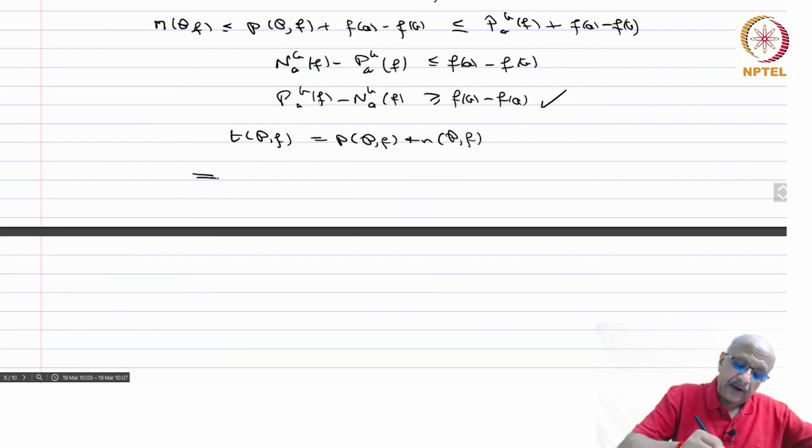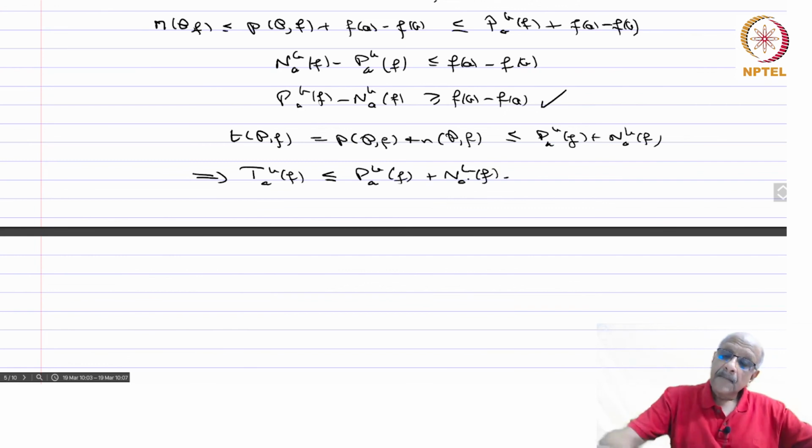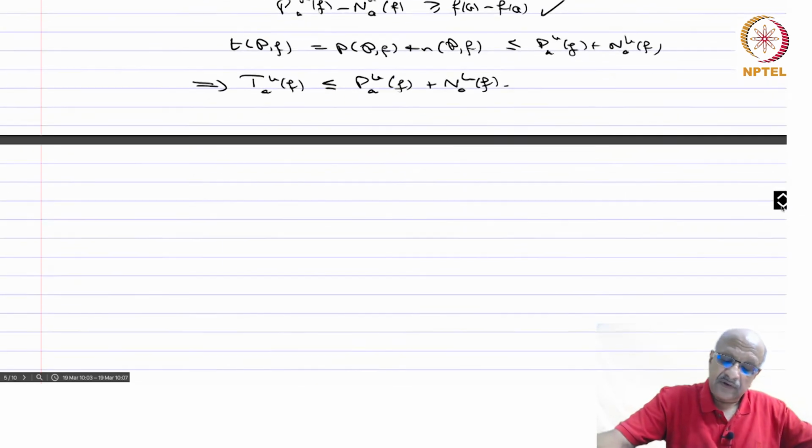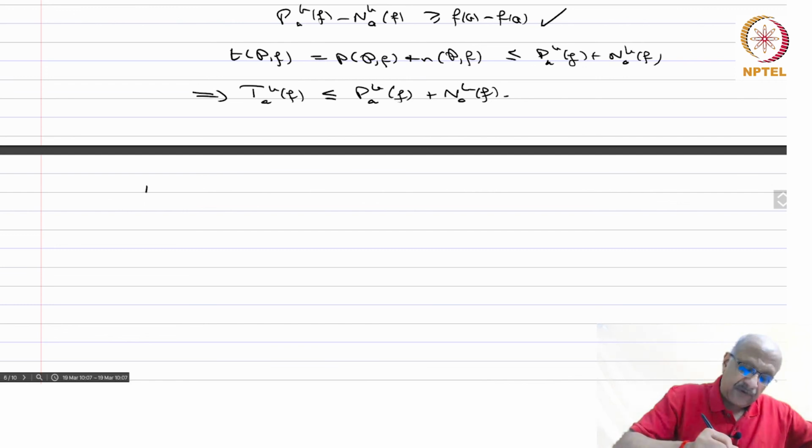And therefore you get immediately that T_a^b(f) is less than or equal to P_a^b(f) plus N_a^b(f), just by the supremum. Now we want to prove the reverse inequality.